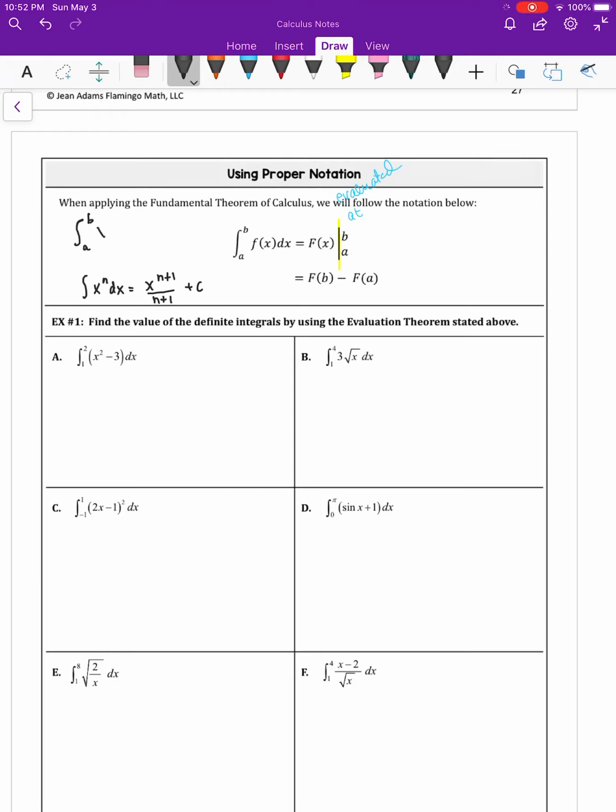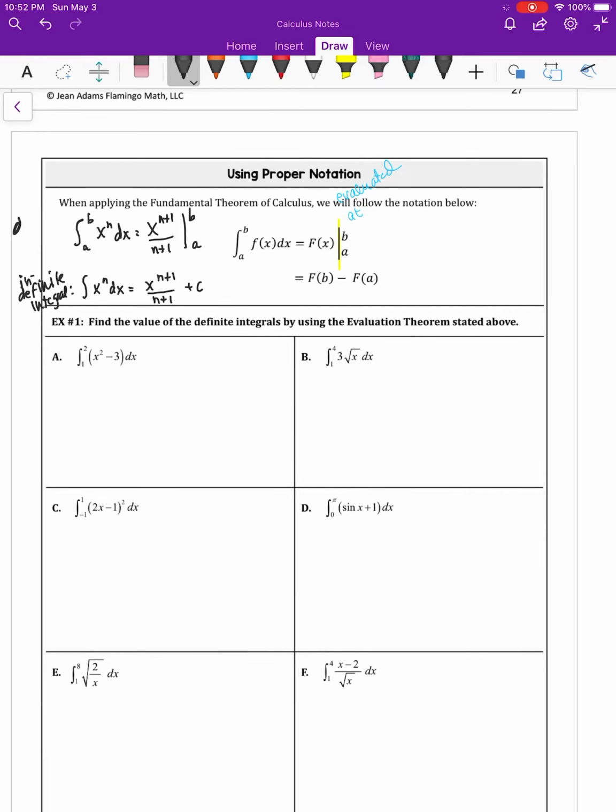Since this would be an indefinite integral, you would have to add a plus c. But if it's a definite integral, x to the n dx, then it would be x to the n plus 1 divided by n plus 1 from a to b.